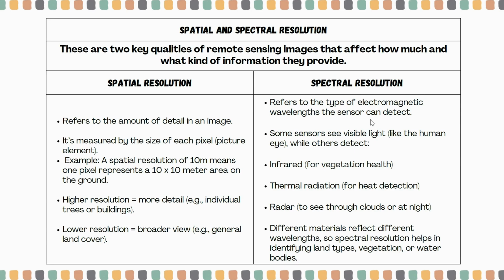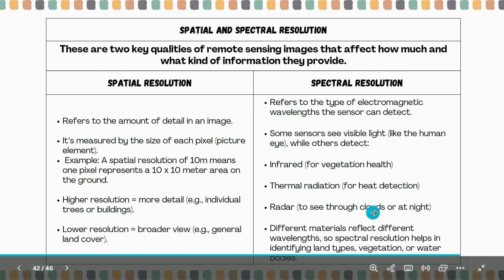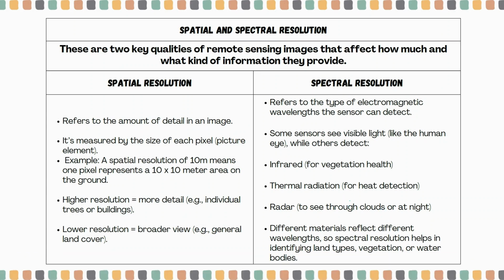While others only detect infrared for vegetation health, thermal radiation for heat detection, or radar to see through clouds or light. Different materials reflect different wavelengths. So spectral resolution helps in identifying land types, vegetation, or water bodies.